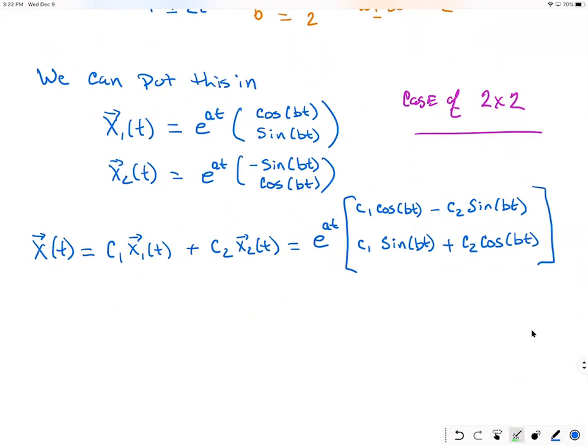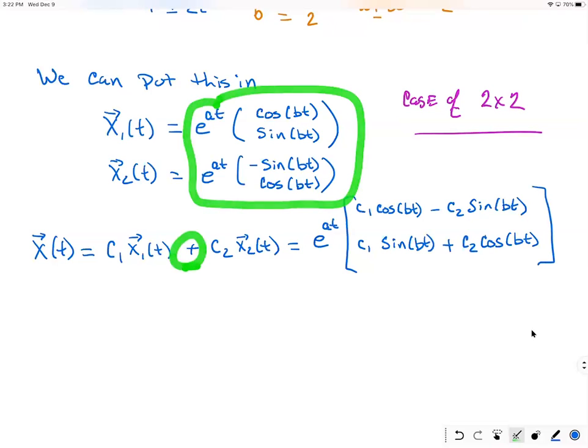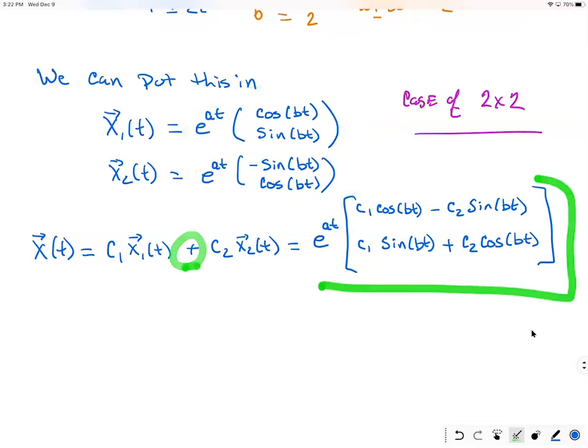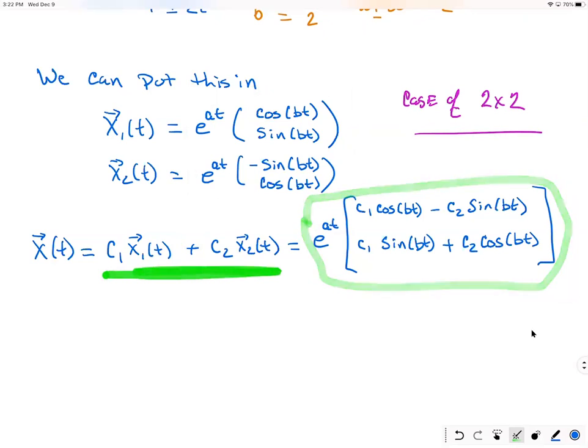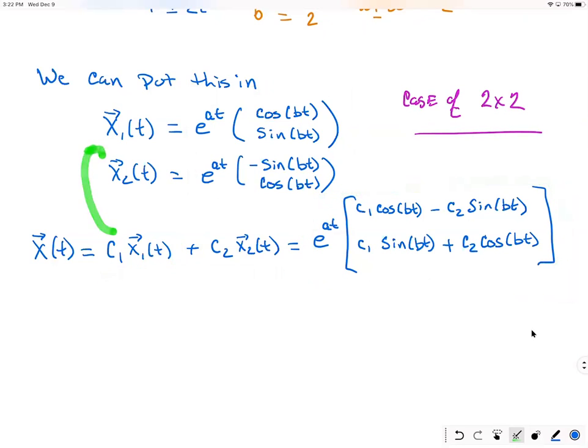So all I've done is combine these two together with addition, and I've just written it like this. The way I learned it when I was taking this class was to write it in this form, but there would also be nothing wrong with writing it like this as long as you had said what x1 and x2 were.